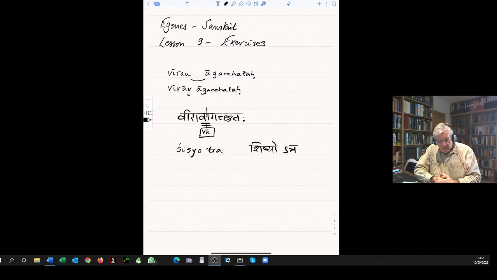Note here, indeed whenever you see this visarga followed by a s or a sh, that in Vedic you will tend to hear it pronounced, the visarga written as visarga, but tends to be pronounced the same as the following S. So in Vedic, if that were being chanted, you would tend to hear not Devah smaranti, but Devas smaranti, the doubling of that S.